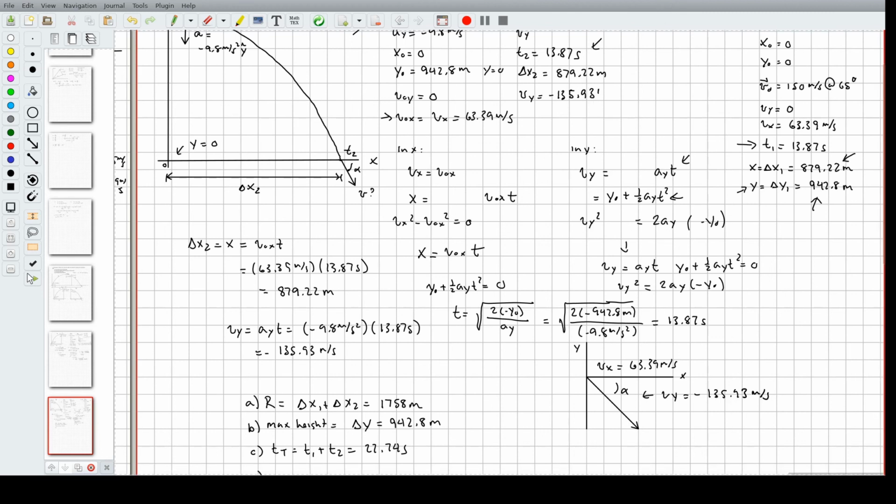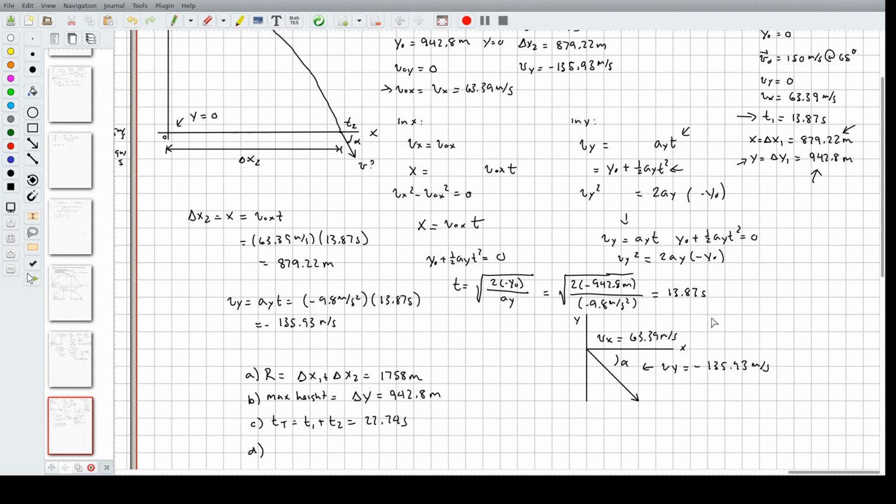We put meters per second up here too to be consistent. So v is going to be the square root of vx squared plus vy squared. And if you plug that into your calculator, you'll get 150.